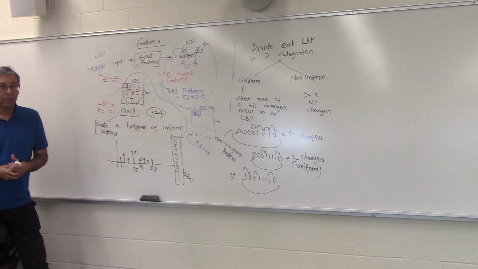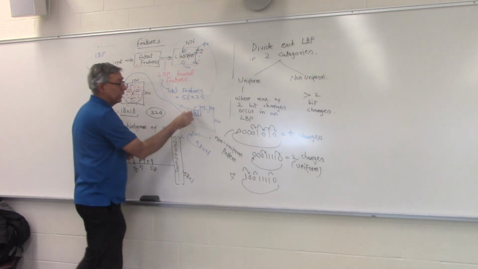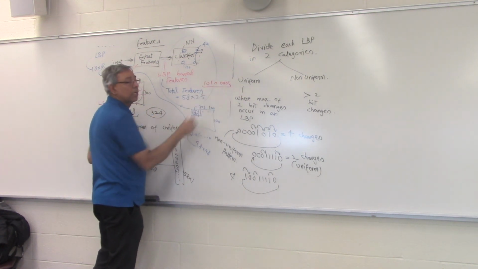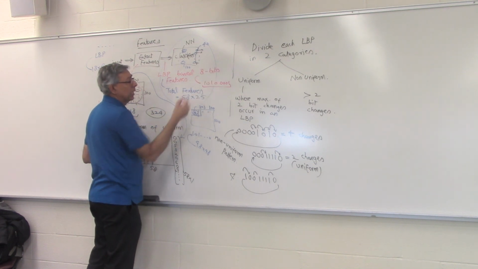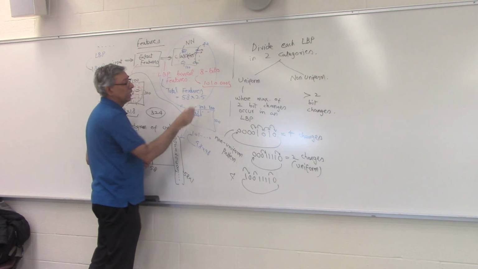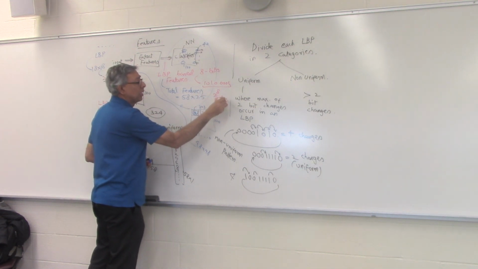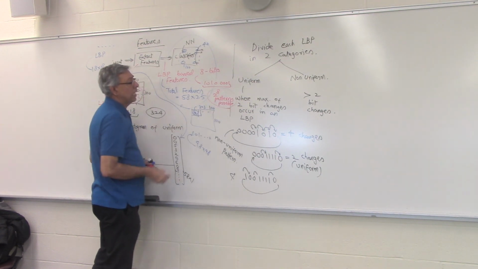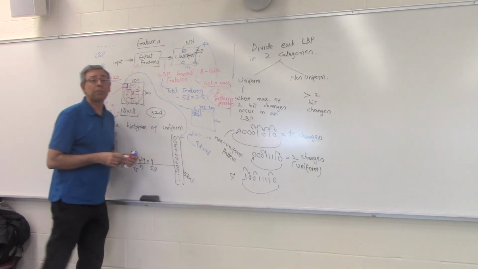So what did we mean by 2 to the power 8? Because each pattern is a binary number, right? Once you compare it with the 8 neighbors, it will be some number like this. So in 8 bits, how many total combinations are possible? 2 to the 8. So there are 2 to the 8 patterns possible. Out of those, some will be uniform, some will be non-uniform.